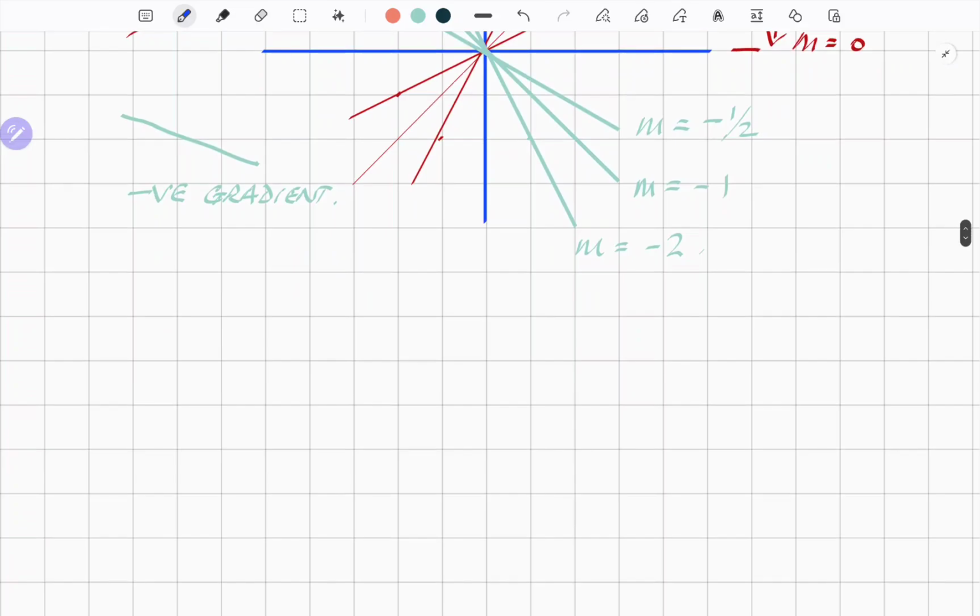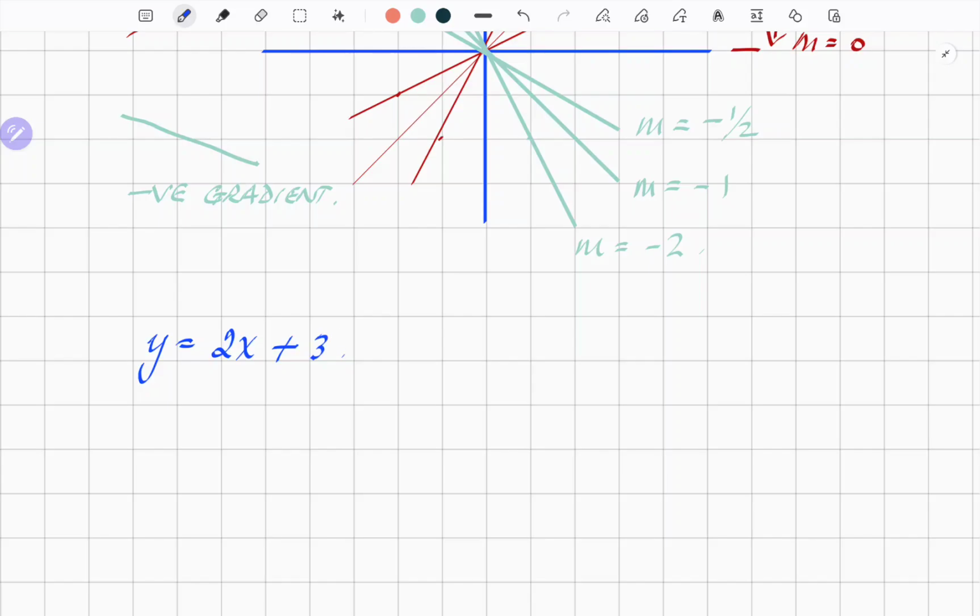Then there are two ways that questions come up. One is to sketch or draw a line that, for example, has the equation y equals 2x plus 3.